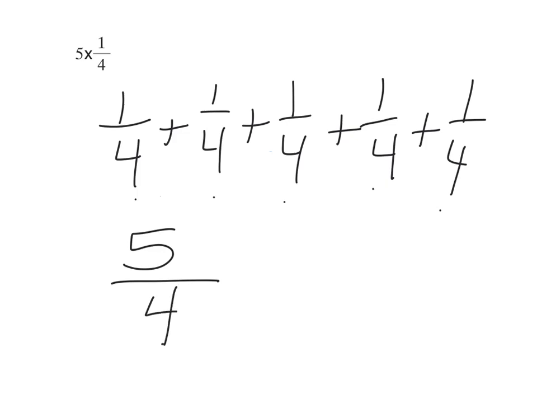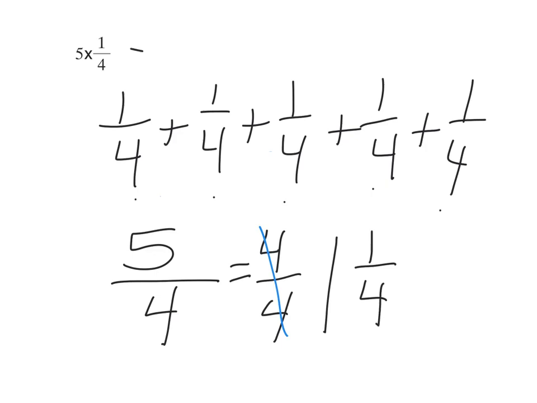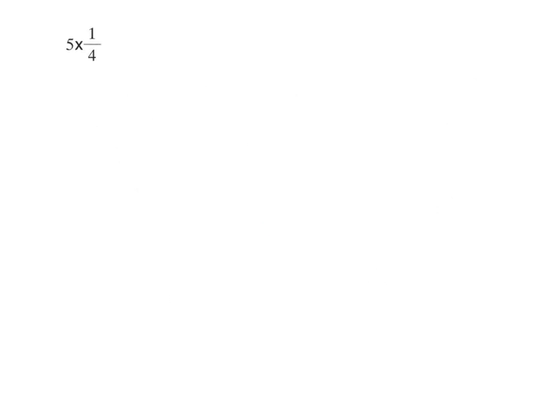Notice that the numerator is larger than the denominator, which means it's going to be more than 1. So look for your whole, and in fourths, 1 whole would be 4/4, which means you have 1/4 left over. 5 times 1/4 is 1 and 1/4. Now try it using pictures here.